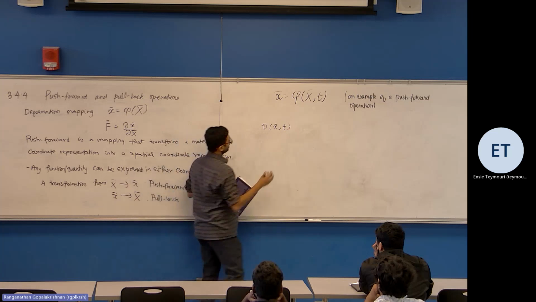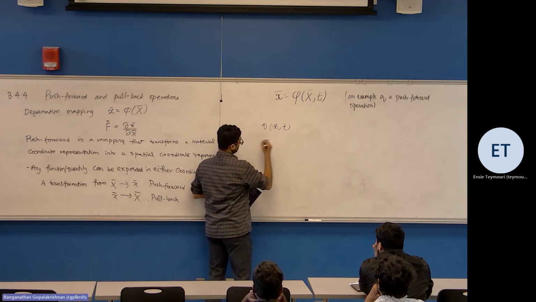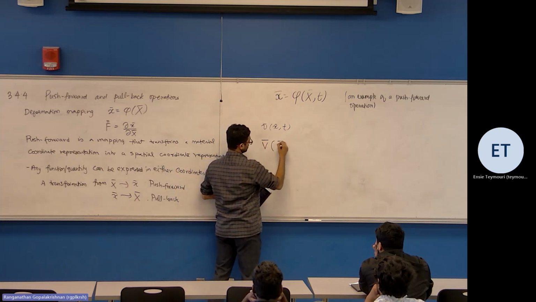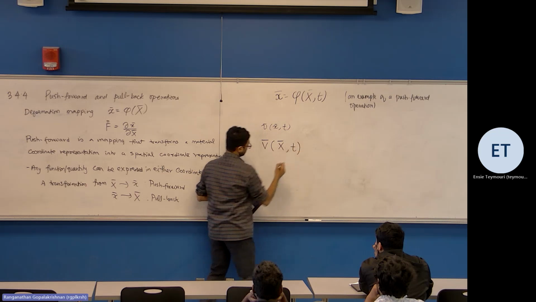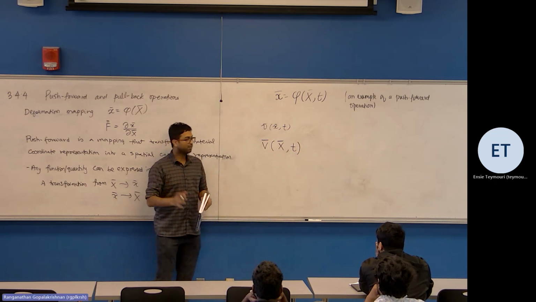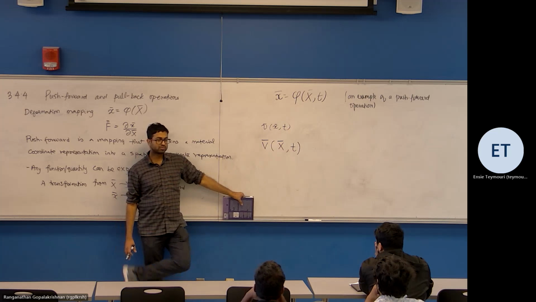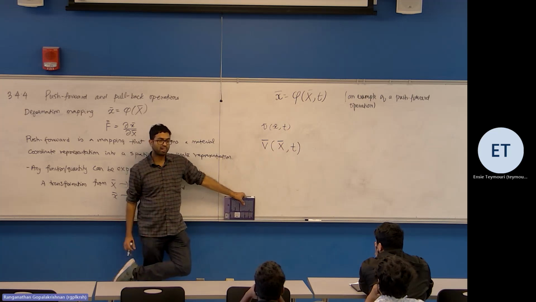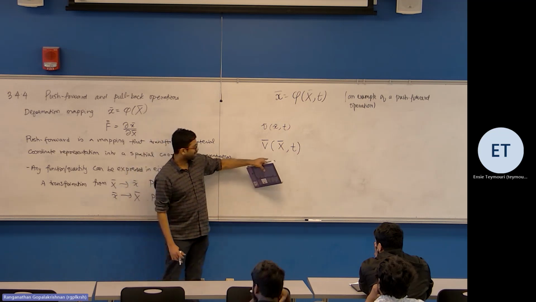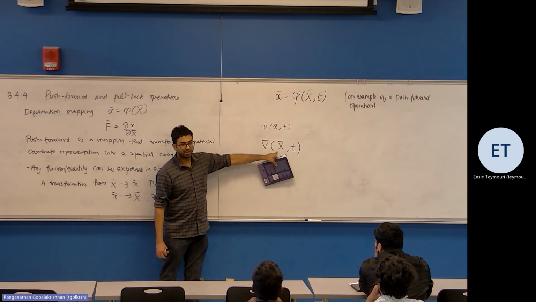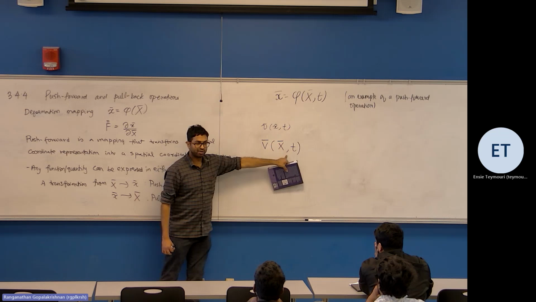If I write this v as a function of X and t, what is the interpretation of this representation? Be louder. The velocity of the particles. The velocity of the particle, which is defined by the vector X at a given time t.